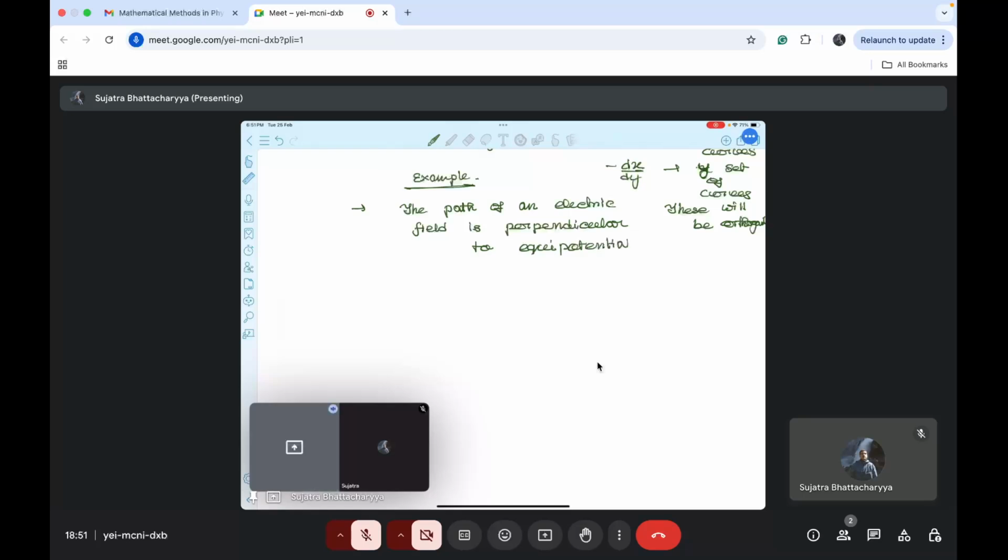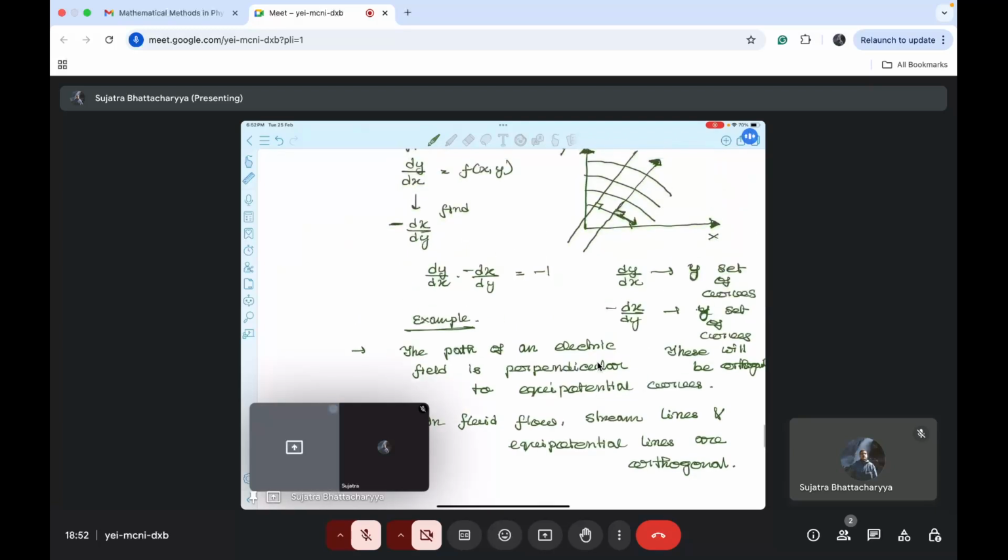In fluid flow also, streamlines and equipotential lines are orthogonal. So this kind of theoretical aspect can be applied.